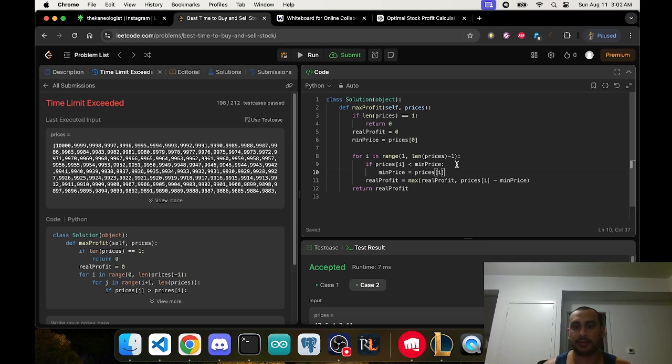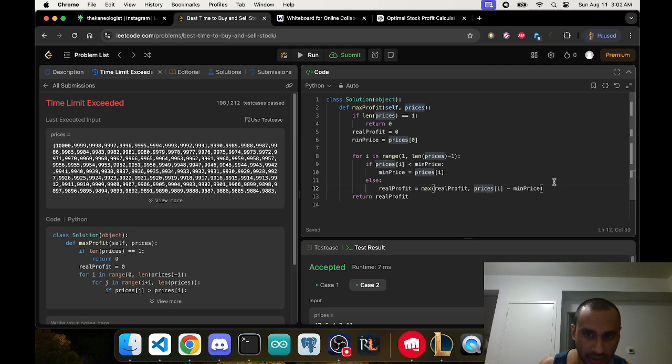So if you already have it, you go else, so it doesn't activate it on the same. If you don't have this else statement, you could end up running it on the exact same index. So that prevents you from doing that. So that way, you either get the min price, then it goes to the next day, then you can compare the real profit, and then you can return the real profit.